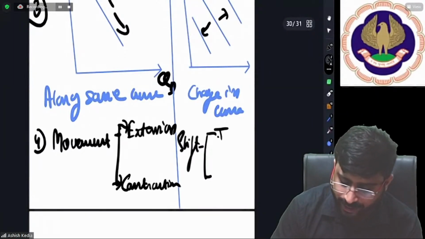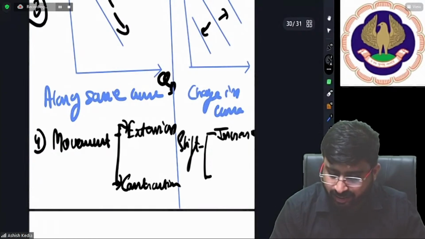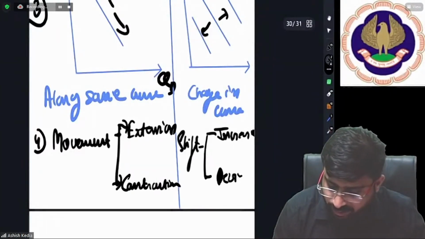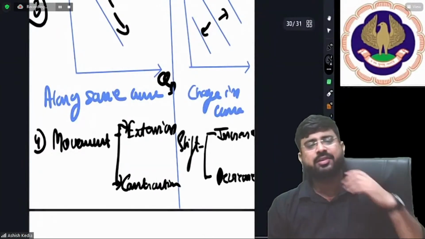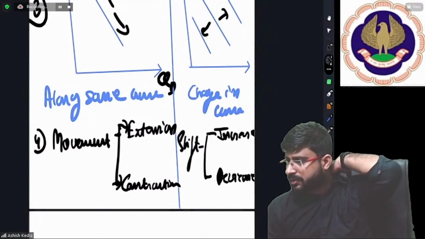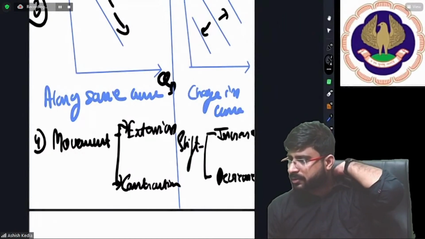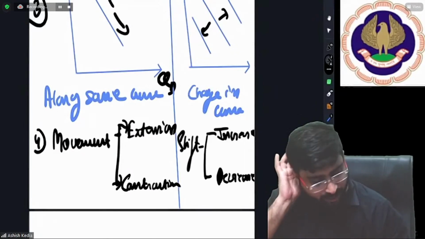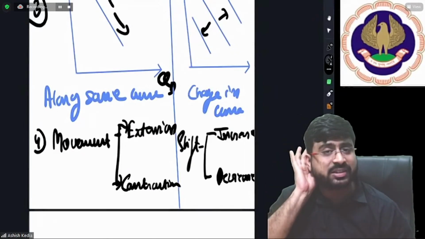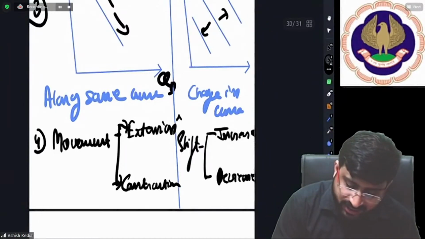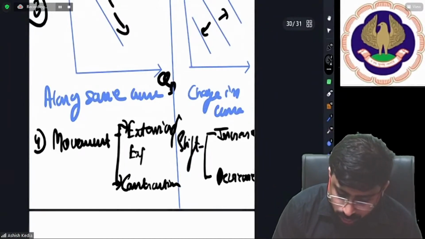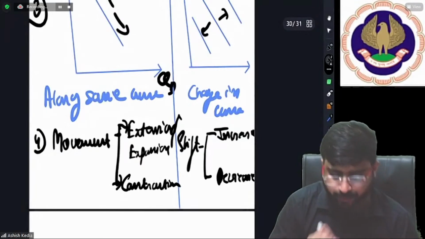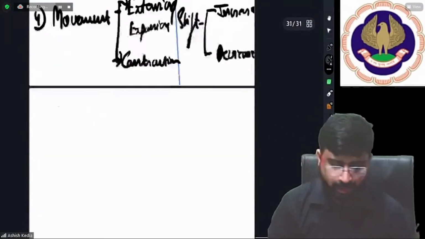Shift is also of two types: increase and decrease. So in movement, there is extension and contraction. In shift, there is increase and decrease. By the way, this extension is also called expansion, so there is no problem if you write expansion or extension. It's all the same.